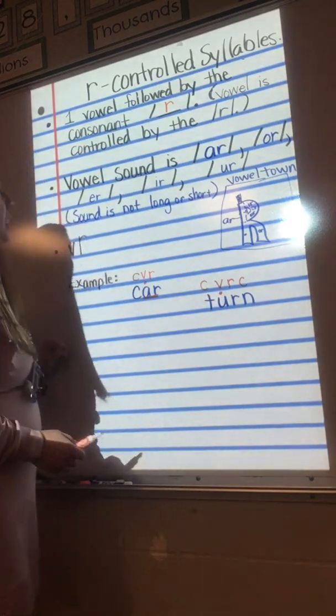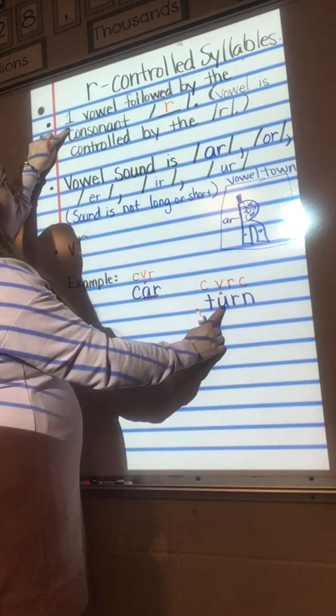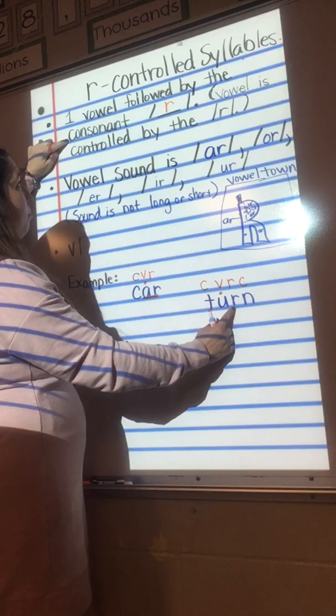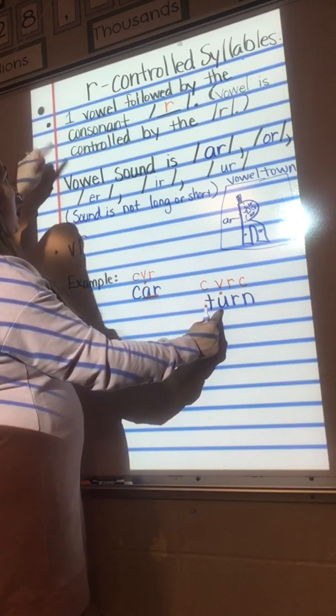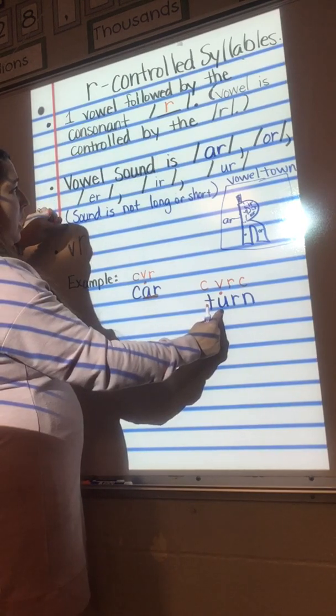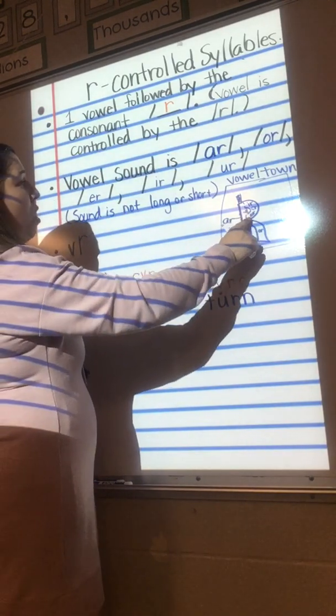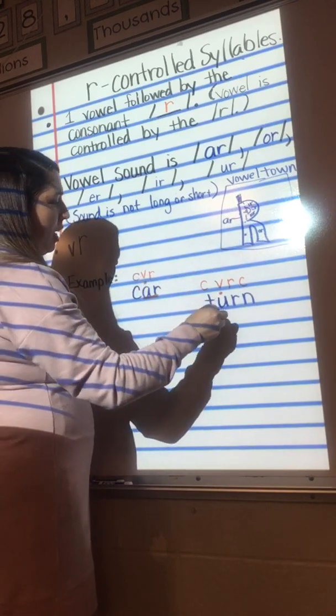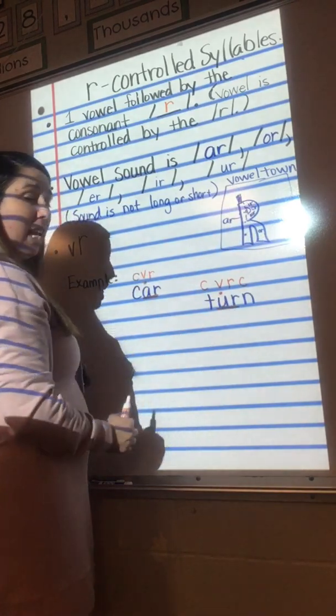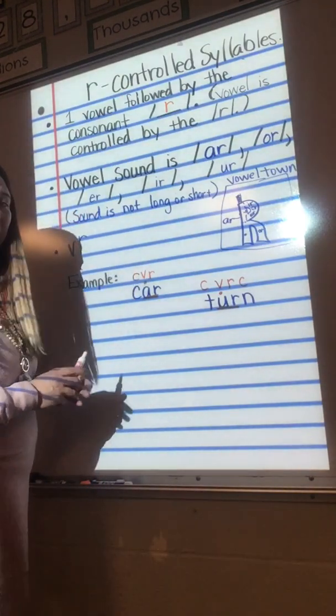So let's see, can I identify it? It's one vowel followed by the consonant R. So this R controls the U. So the vowel is not going to be long or short. And I know that the UR sits on the curve. So these two sounds, I'm going to underline them because that's important. They go together. Okay, so I'm going to say each sound.